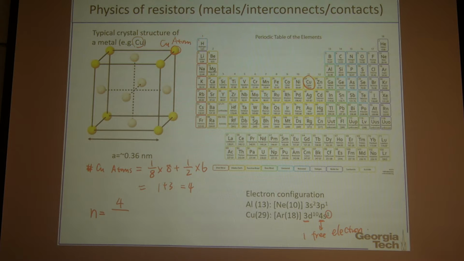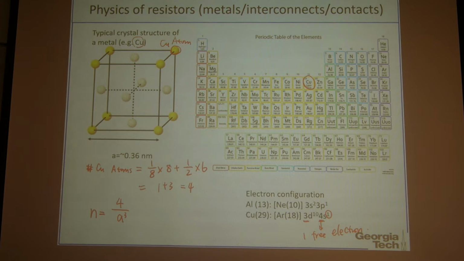If it's 1 electron, then you need to use that 4 divided by that volume. And that volume, this is a cube, and the one side, it says the distance between those 2 atoms is 0.36 nanometer. So you are going to divide by a cubic, right? Because the volume of that cell is a cubic.